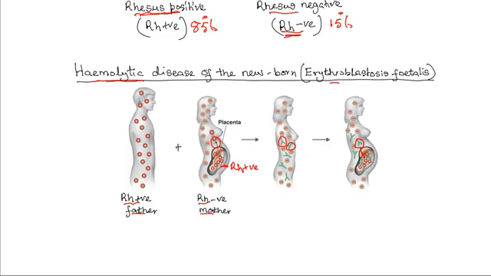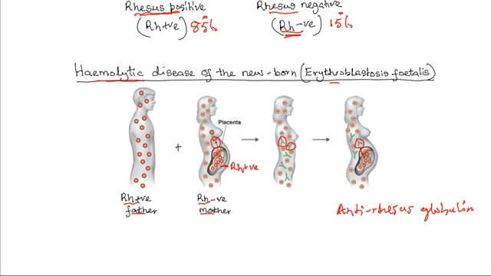However, to prevent erythroblastosis fetalis, the mother can be treated with anti-Rhesus globulin, which prevents her from producing antibodies against the fetal antigens.